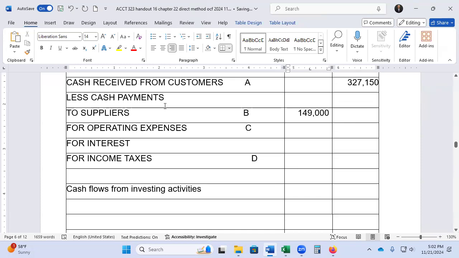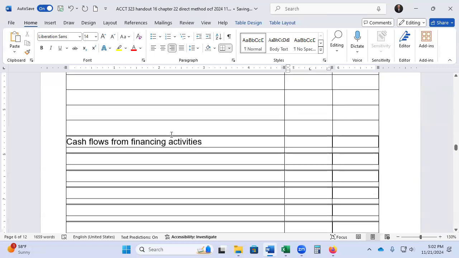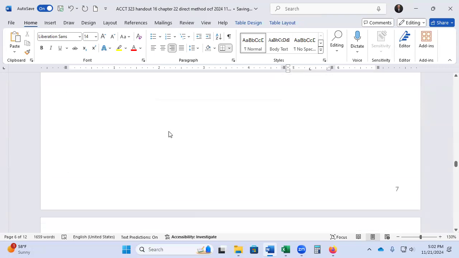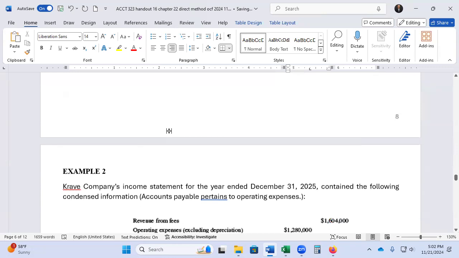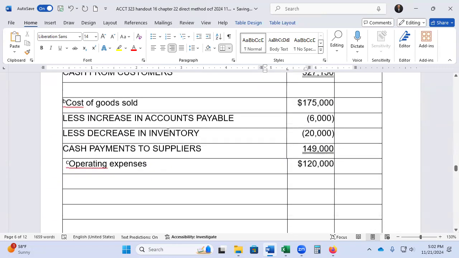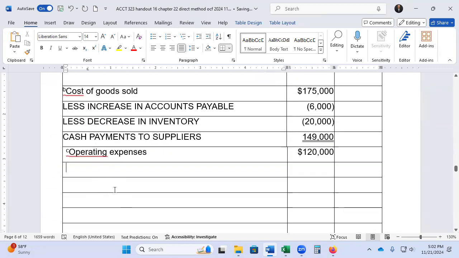Now we want to go to our operating expenses. Our operating expenses start with 120,000, plus increase in prepaid rent.